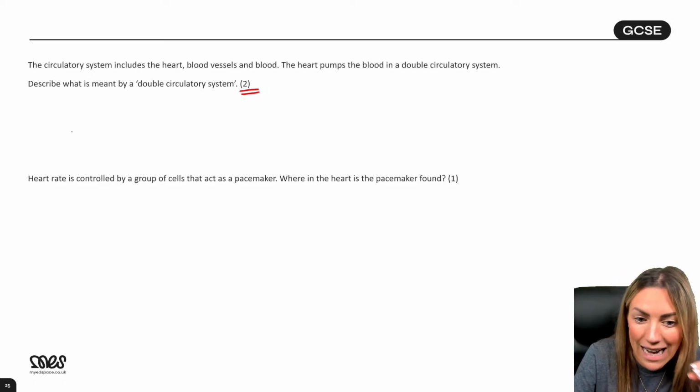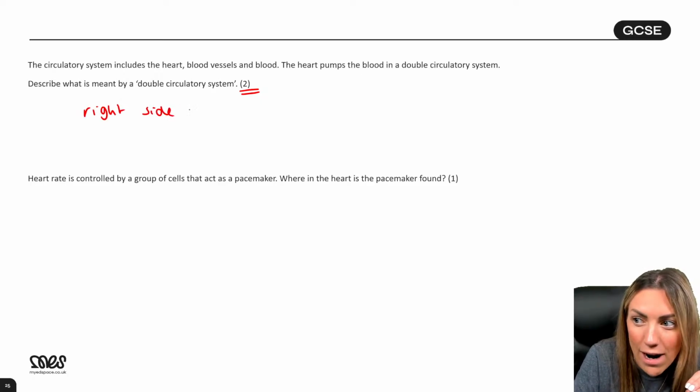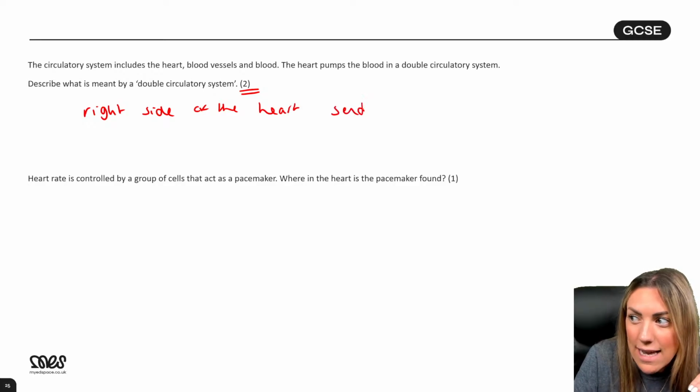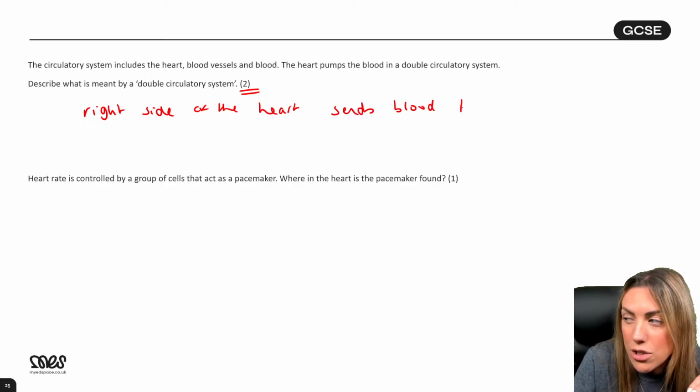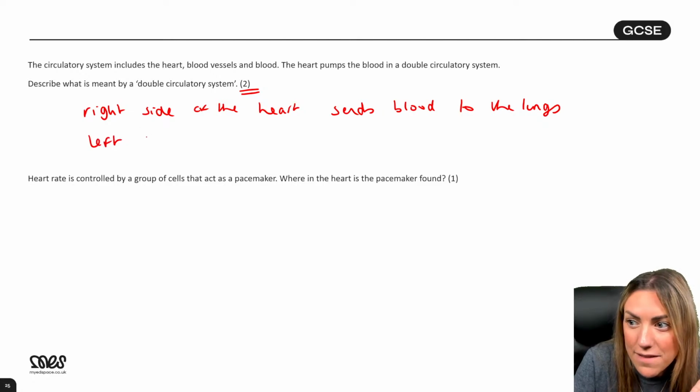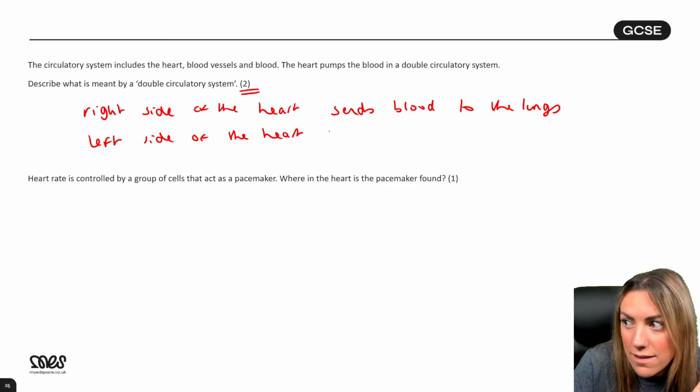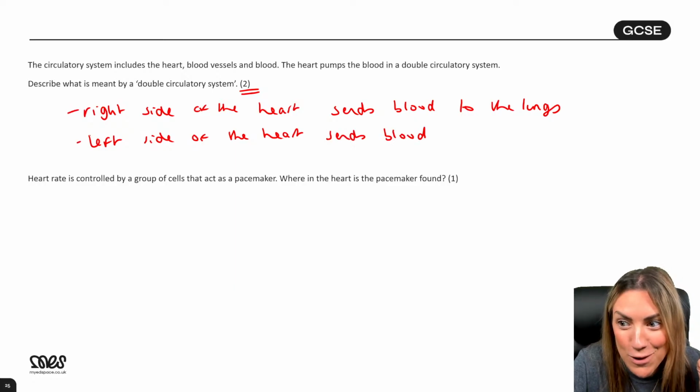What they actually want you to say, so I think this is really important, is the right side of the heart sends blood to the lungs, and the left side, how am I going to finish this sentence? How am I going to finish that? That's how they want 2 marks.